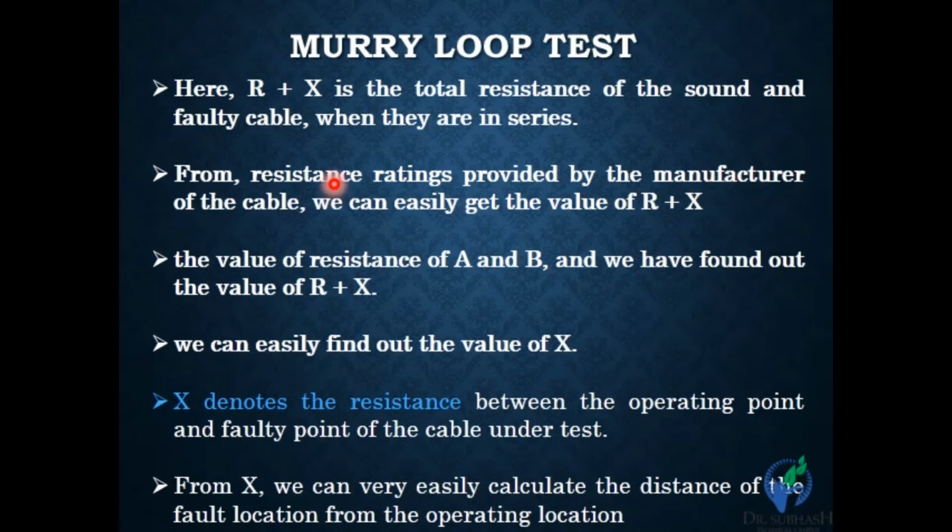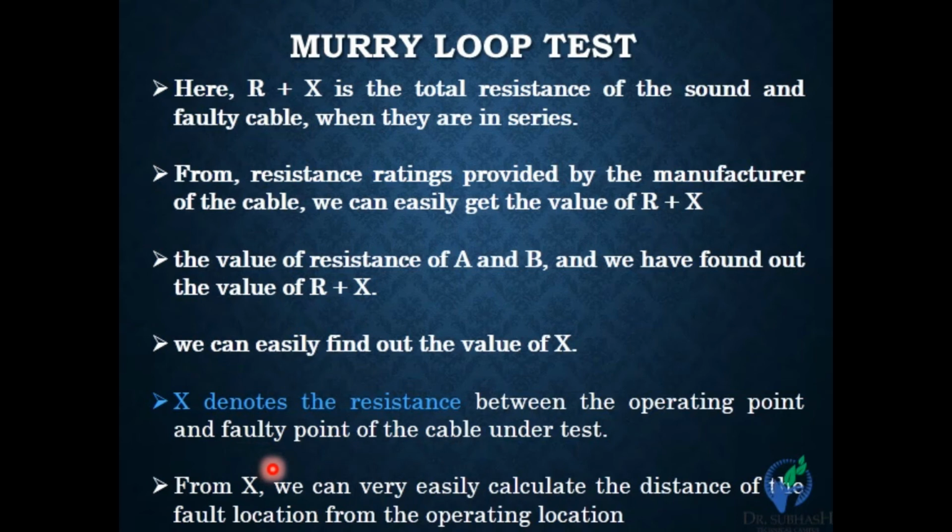So we have the total resistance of R and the total resistance of X, and the values of A and B are noted down in the first step of this test. Simplifying it and putting the values in the equations, we can simply find the value of X in terms of resistance, which shows the resistance between the operating point and the faulty point in the cable.